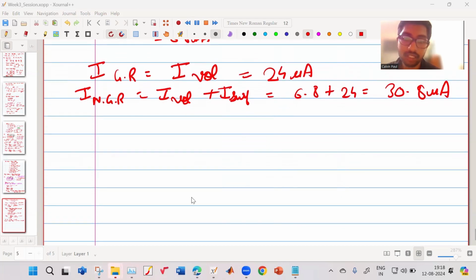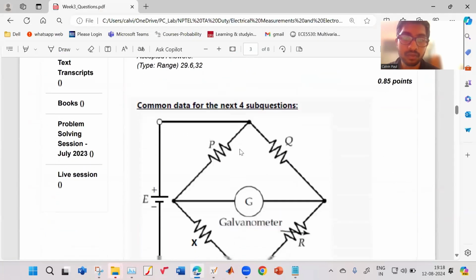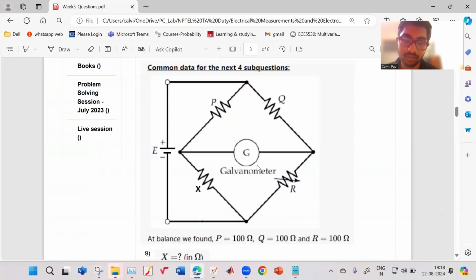So now we have solved these sums. Now we will go for this bridge network.